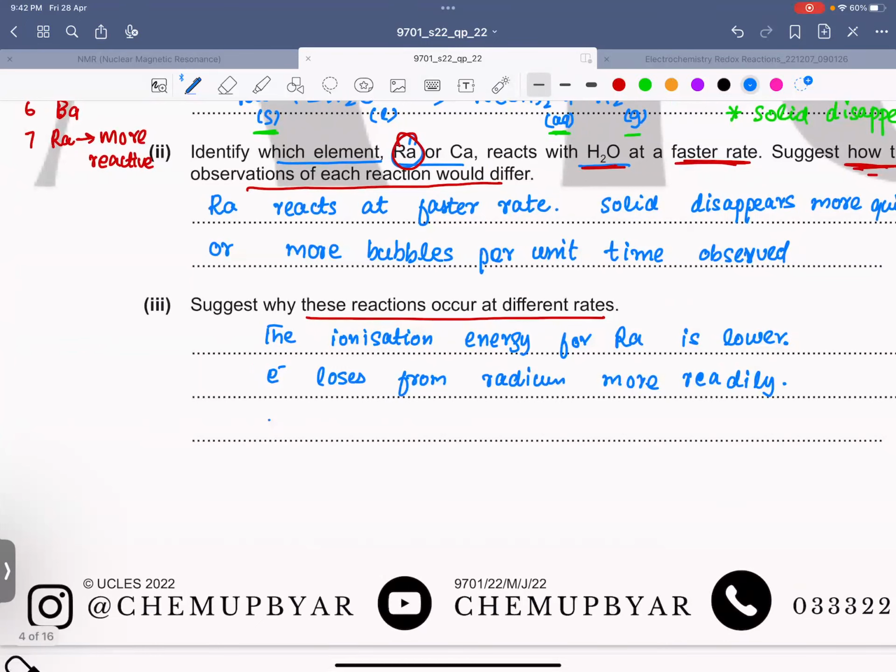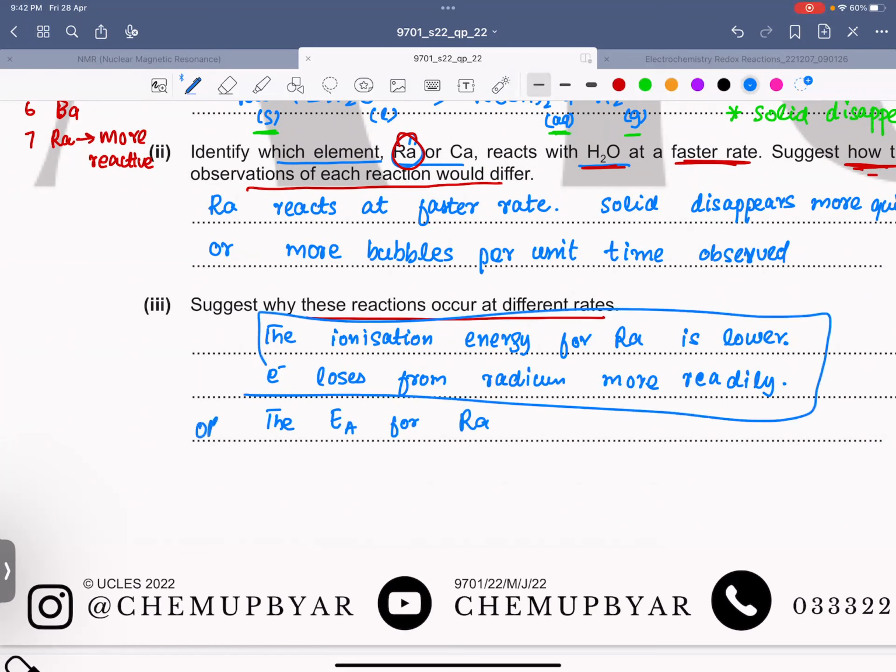So we can write that the activation energy for radium is lower than calcium.